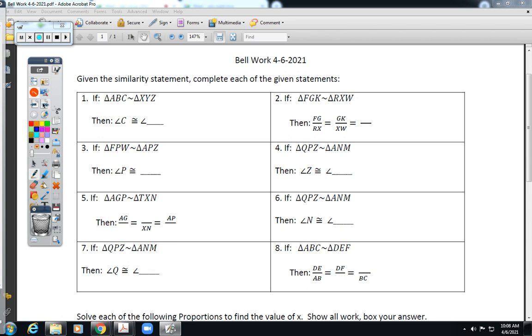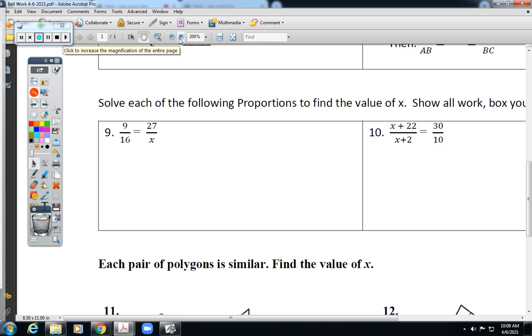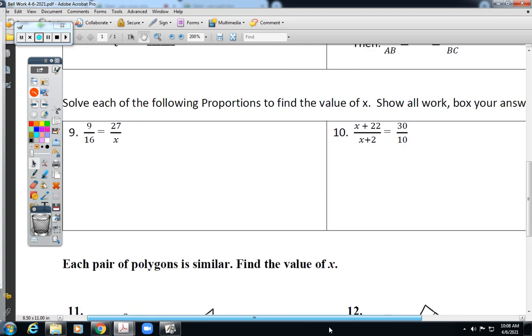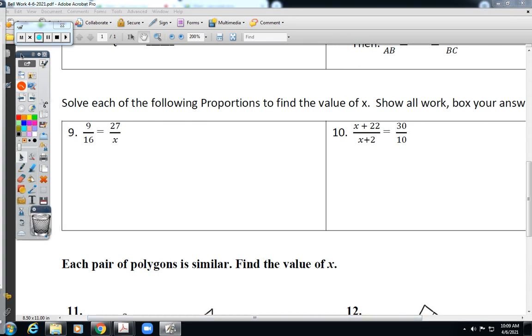Okay. So then we go to solve the proportions, and I gave you a pair of proportions, and I asked you to solve them. Try to make them a little bit bigger here so we can see what we're doing. Okay, on number 9. Again, the idea here is that we are supposed to cross-multiply to create an equation. Okay? Some of you are cross-multiplying and creating a fraction. Don't do that.